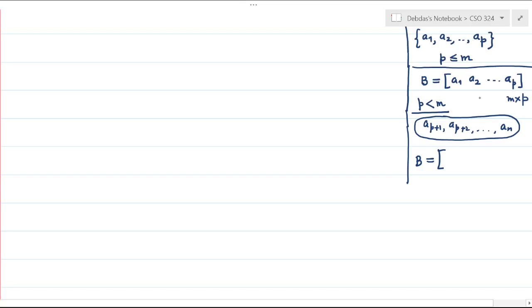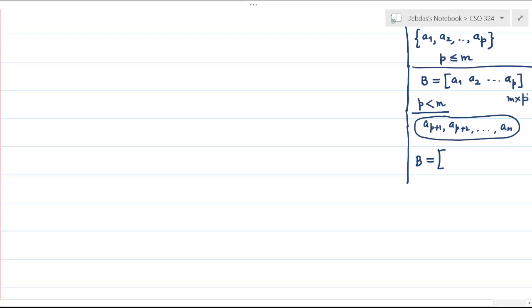If A1, A2, ..., AP, AP+1 is linearly dependent, then you drop AP+1 from the set, and then you choose AP+2 and check whether A1, A2, ..., AP and AP+2 is linearly independent or not. If linearly independent, then you proceed taking another vector AP+3, and again you check whether A1, A2, ..., AP, AP+2, AP+3 is linearly independent or not.